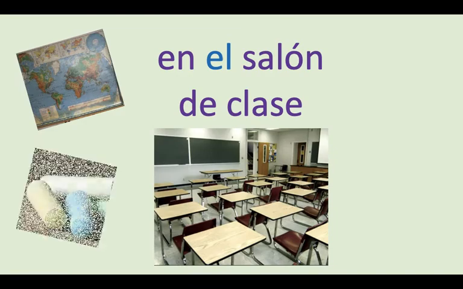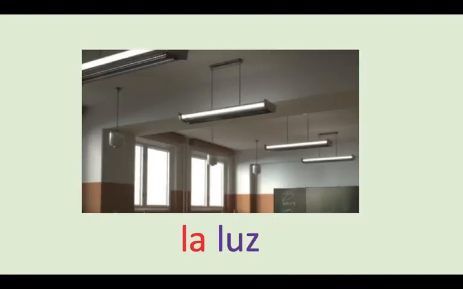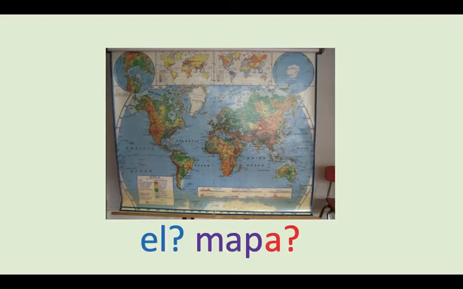Muy bien, our last little batch of vocabulario en el salón de clase, in the classroom. Repita, la luz. La luz. Light. Repita, el mapa. What? Wait a second, I'm confused. Mapa ends in A. So that's a feminine noun, right?